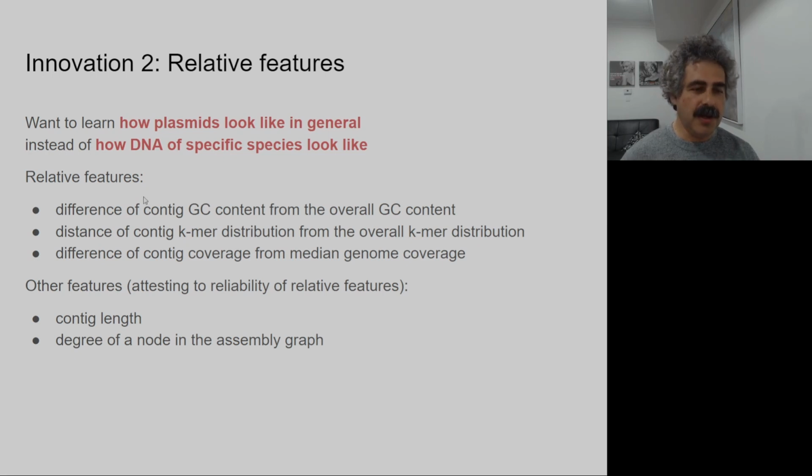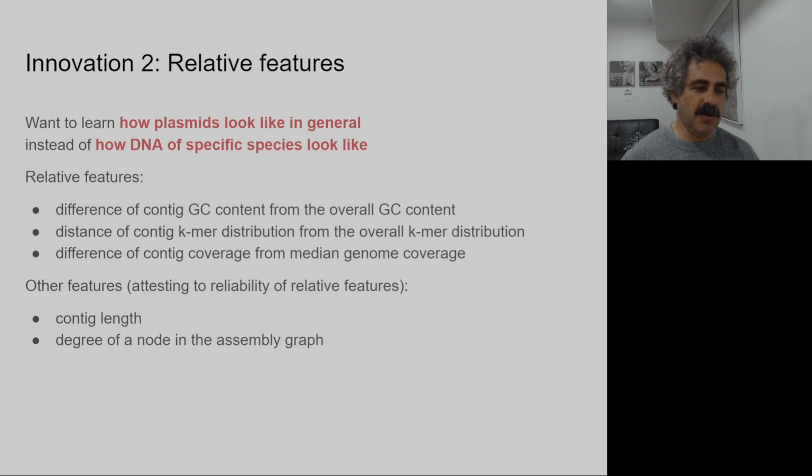For example, instead of the GC content of a contig, we use the difference of the contig GC content from the overall GC content of the sample. And we don't use k-mer distributions. Instead, we only use the distance of the k-mer distribution of a particular contig from the overall k-mer distribution of the sample.